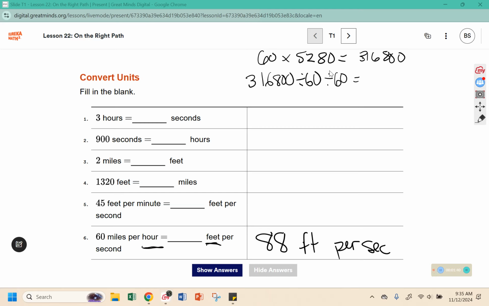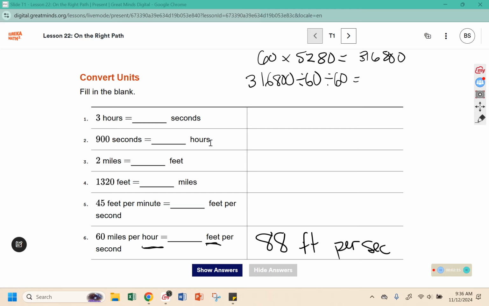So you can use that 5,280 to convert feet to miles. You would divide, because there's less than 1 mile here, so we would divide by 5,280. For feet per minute, to change to feet per second, we would divide by 60, because there are 60 seconds in a minute. 2 miles times 5,280 would tell you how many feet. 3 hours, you would multiply by 60 and 60 again to turn it into seconds.